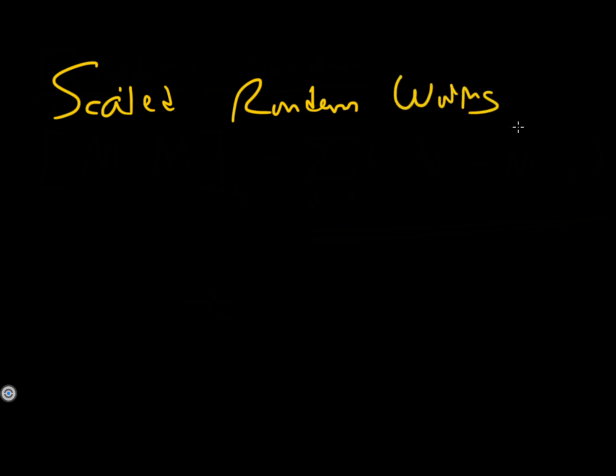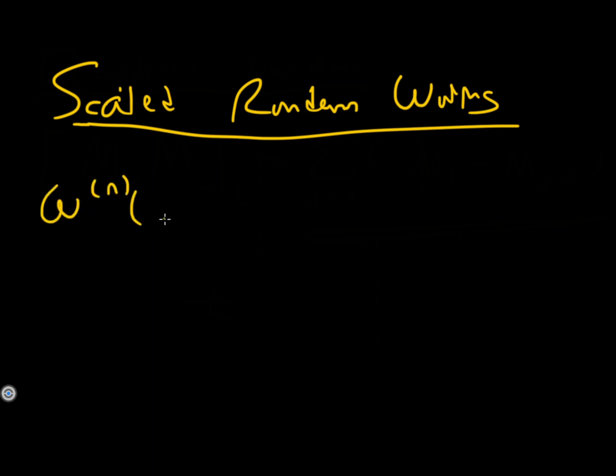So now, to move from random walks to Brownian motion, we have to look at scaled random walks, right? We want the random walk to move a lot more. So we'll use scaled random walks. Scaled random walks are an approximation to Brownian motion, shown in the form of this.